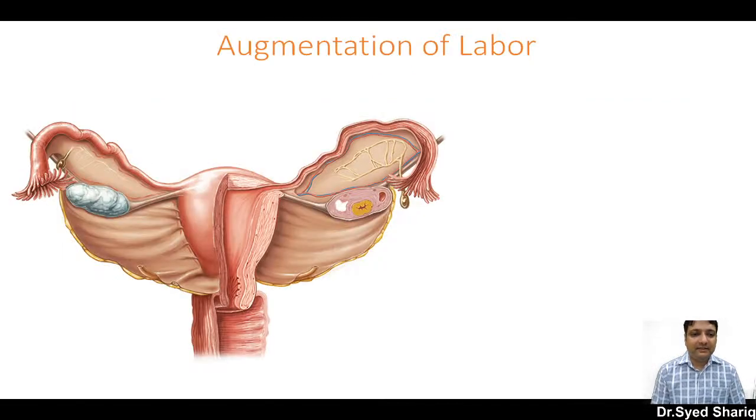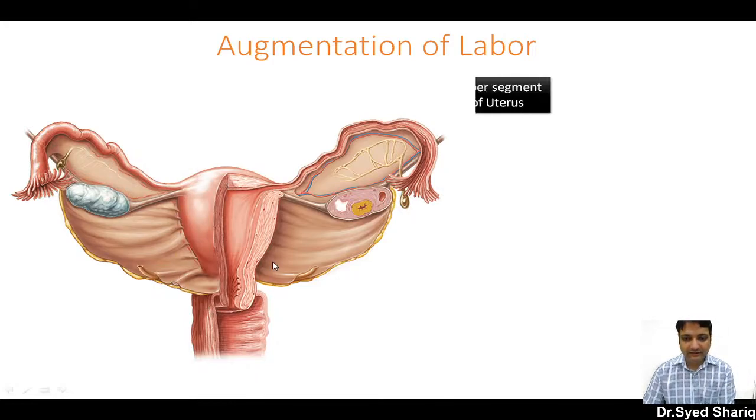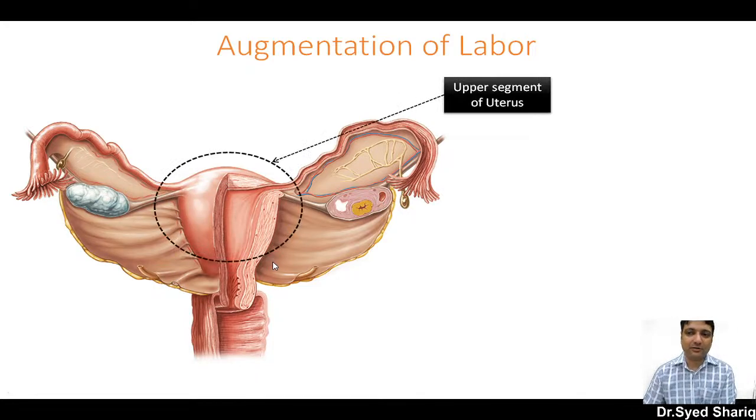If you see, this is a pelvic diagram showing the ovaries, then the fallopian tube, and then the uterus. In the uterus, there are three important parts of the musculature.